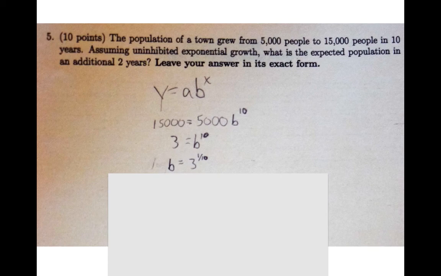And so now I can plug those bits back in and say, if I want to go another 2 years from where I was at 15,000, growing at this rate, which we found previously, then what is my y value?